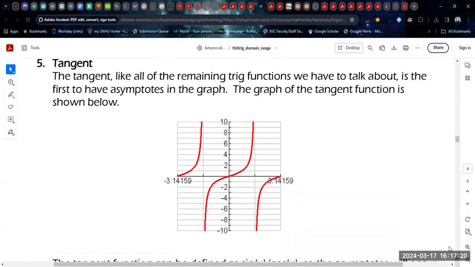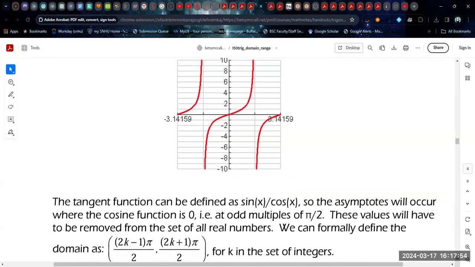Now, the tangent function, like all of the other functions we're going to talk about, the secant, the cosecant, the cotangent, these have asymptotes. And the asymptotes are going to essentially be the bounds on our limitations for our inverses. So, for instance, tangent has asymptotes at -pi over 2 to pi over 2. So when we go to the inverse, that will be the restricted range of our function, the restricted domain of the original in order to get the range of the new function of the inverse.